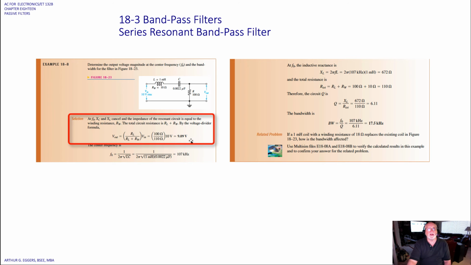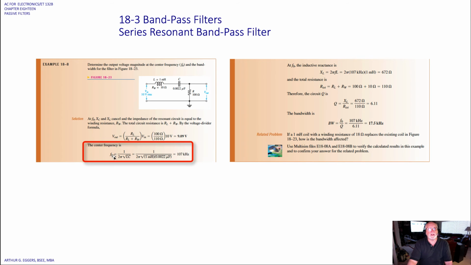So now to calculate the center frequency. The center frequency is 1 over 2 pi times the square root of LC, which we saw early on a couple chapters ago. We get 107 kilohertz as our center frequency.